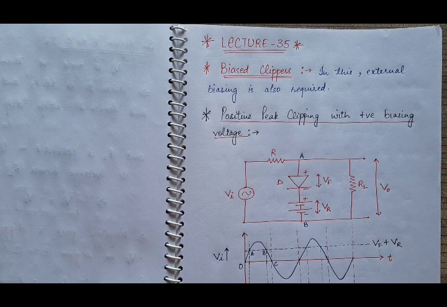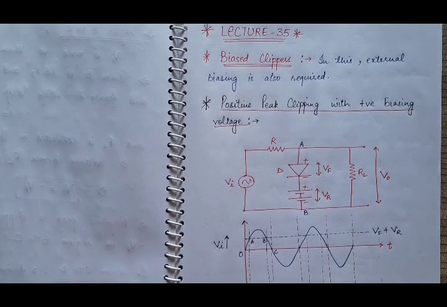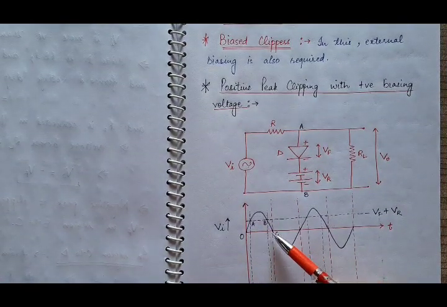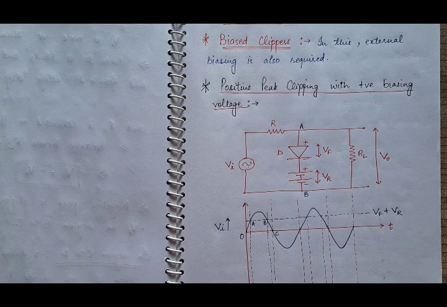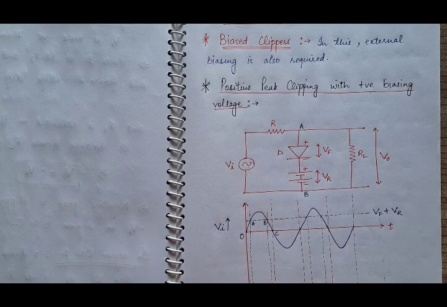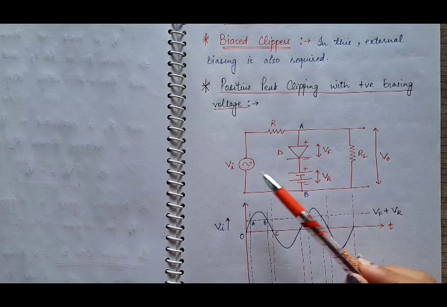So what will happen? First, during the positive half cycle of AC input, see how this circuit behaves.